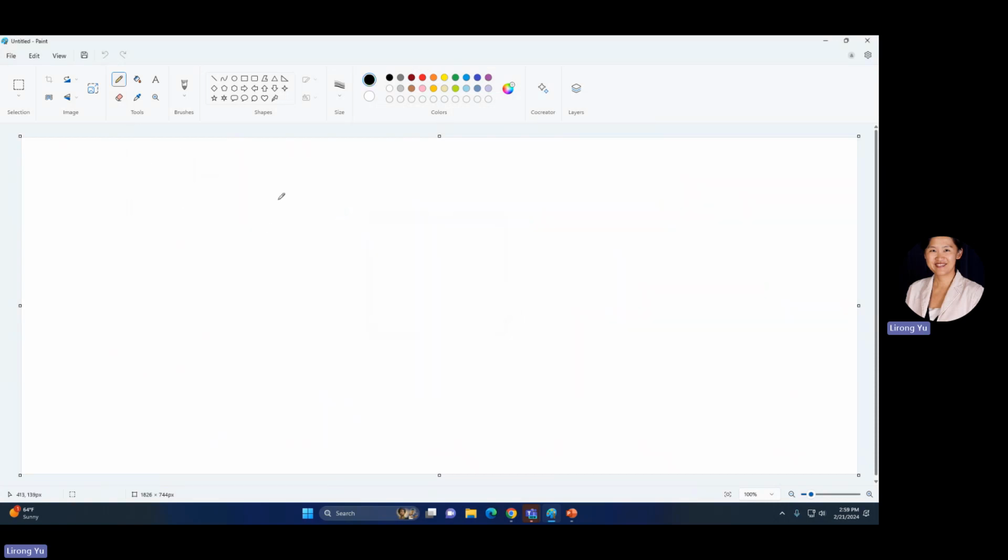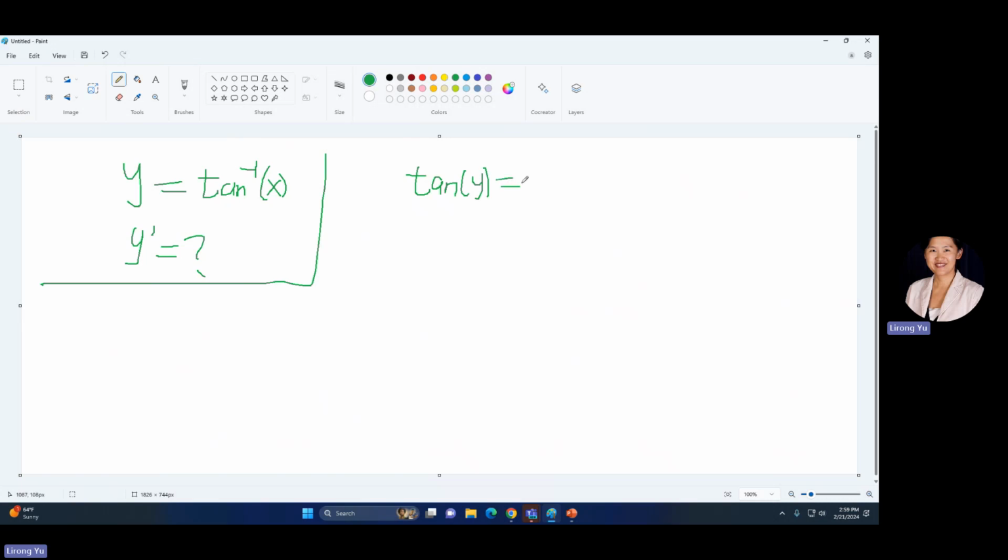So suppose we have tangent inverse, we want to know the derivative for the function. So y equal tangent inverse of x, and what is y prime? That will be the question. All right, to answer the question, we will revert it back to the tangent function itself, and that will be tangent of y equal to x.